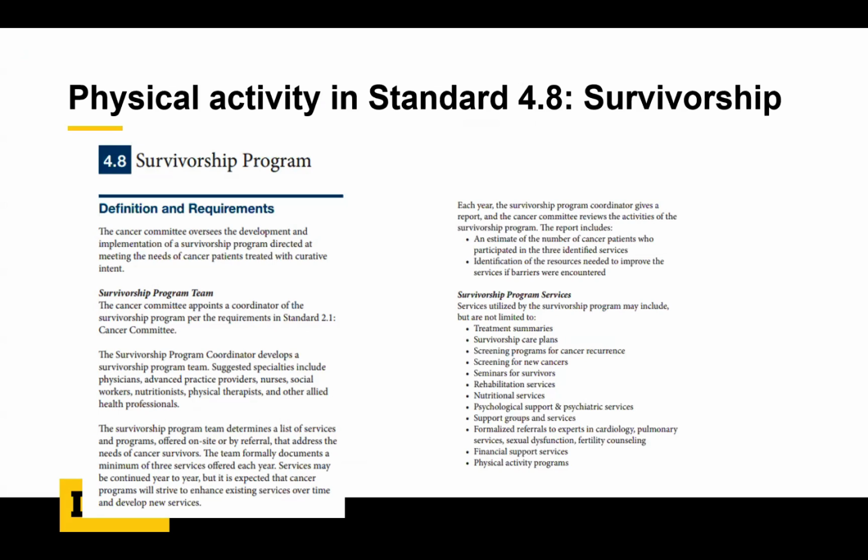Now I've screenshotted the standard from the COC here. Survivorship program services can include physical activity programs or classes. So by this way, it is one of the ways we can explore if physical activity were to be implemented, is that helpful for survivorship programming and for meeting that COC accreditation standard?